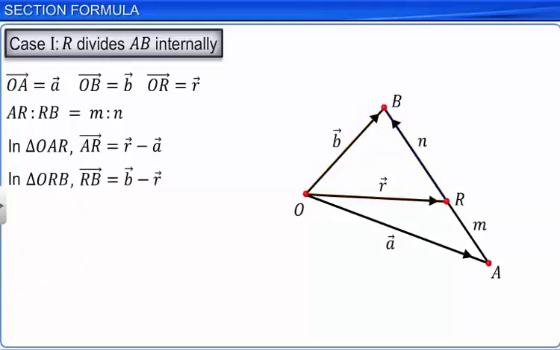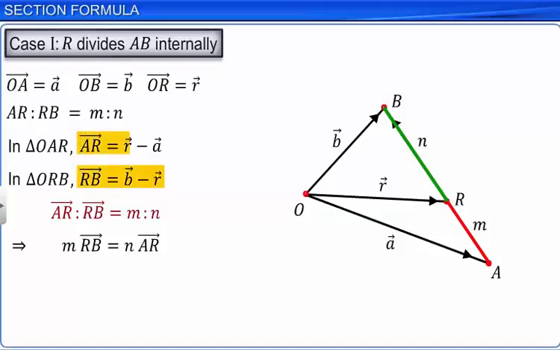Since the ratio AR is to RB is equal to m:n, we can say that m into vector RB is equal to n into vector AR. Let us substitute the values of vectors RB and AR in the equation.